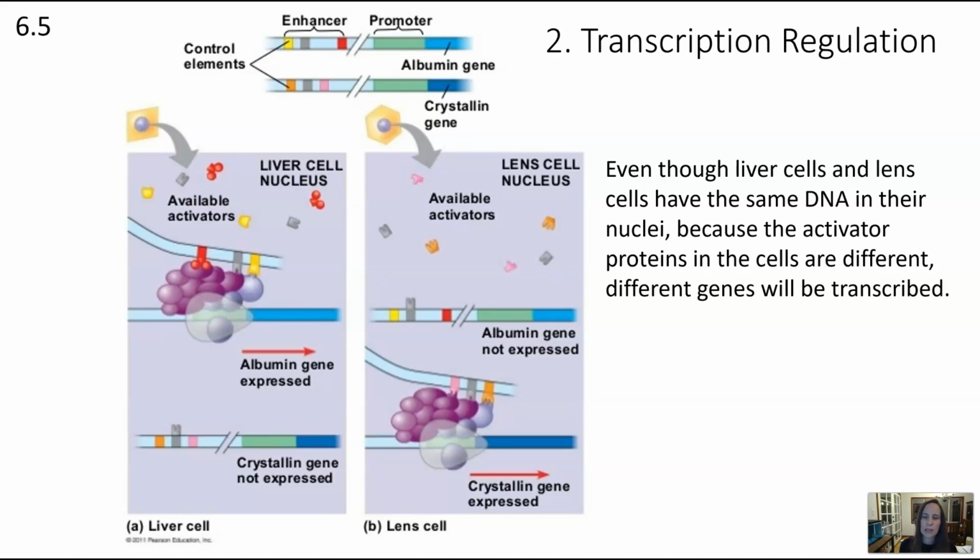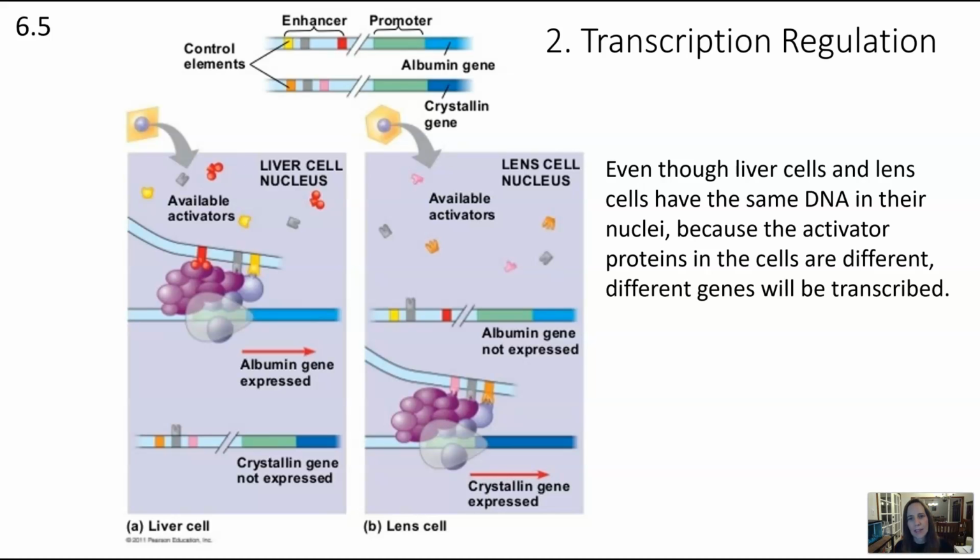And the mechanism of controlling this is that there are different available activators. You can see those little molecules floating around. Those are proteins, and the available activators are different. So the activators in the liver cell will cause the albumin gene to be expressed, and they're not the proper activators to activate the crystallin gene.